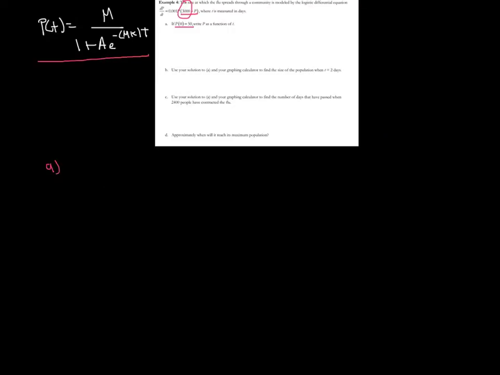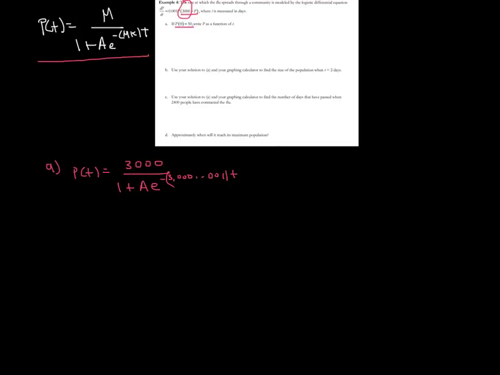So part A, P of t is going to be 3,000 divided by 1 plus A, which we will use our initial condition to get in a moment, times e to the negative m, which is 3,000, and k, if you remember, k is the number in front of the P, so that's 0.001, all in parentheses, times t.